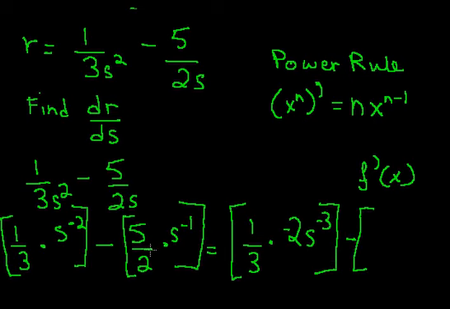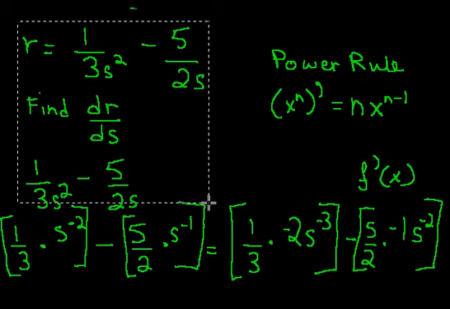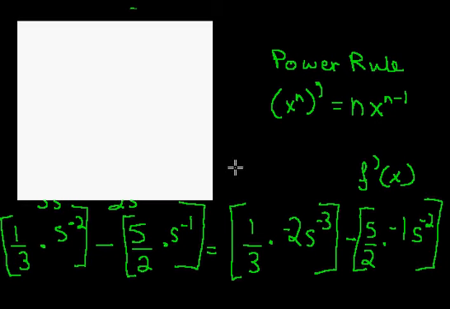And then we have minus 5 over 2, so that stays as 5 over 2, times s to the negative 1. N over here is negative 1, so we get negative 1 times s to the n minus 1, so it's to the negative 2. And I'm out of space, so I'm going to erase this and move up there.